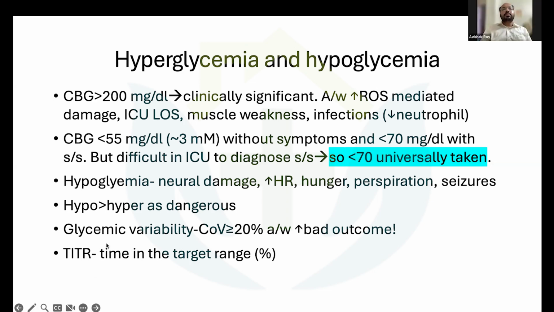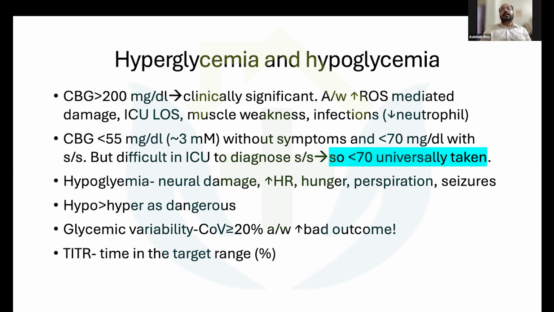The other thing that is important is TITR, time in the target range. Suppose we want to keep a particular target for our sugar control, say 140 to 180 or 140 to 200. The numerator is how many times you have checked the sugars and they were within the target range, divided by how many times it was actually checked. This percentage is called the TITR.